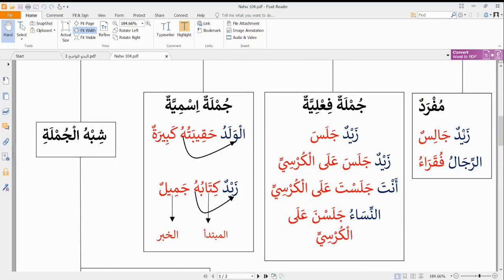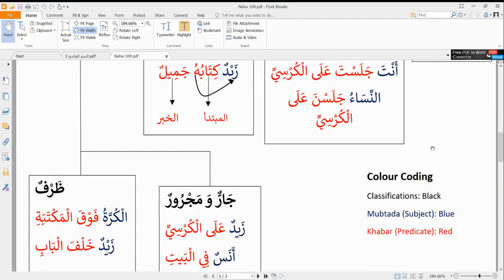You can see other examples of khabar mufrad. Zaidun jalisun, Zaid is sitting. I think I should have explained the color coding first. We use color coding here: the names of the classifications are in black, the mubtada are in blue, and the khabar are in red.